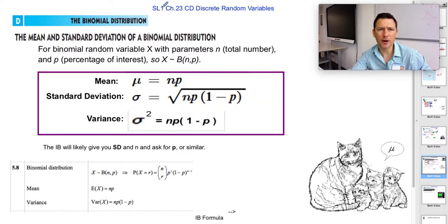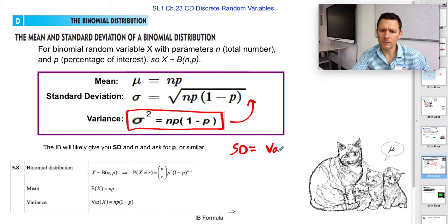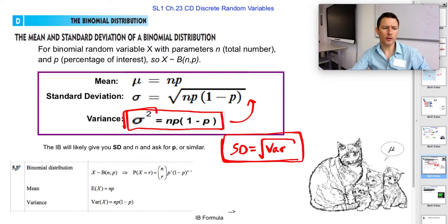This is the part that they only give you variance. So they only give you this, and you kind of have to know that to find the standard deviation, you take the square root of the variance. So if you took the square root of this side, you'd get just the standard deviation. That piece isn't explicit in your notes.